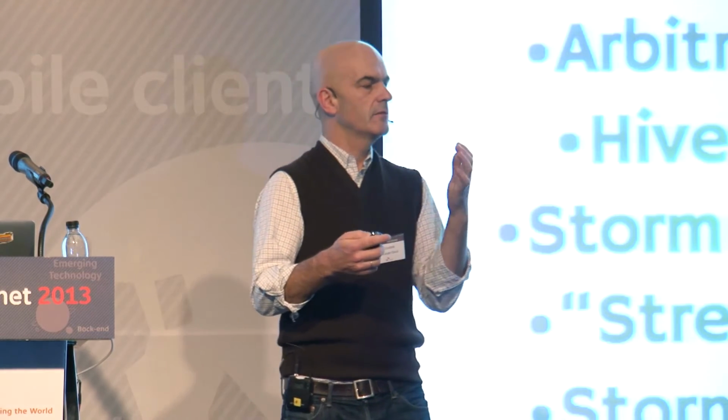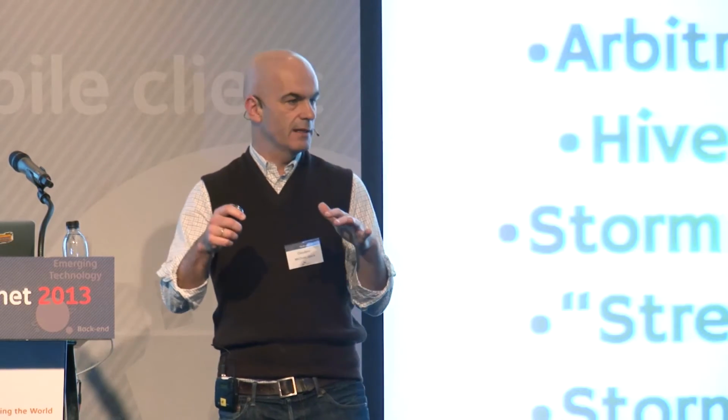There's the Tez initiative, where it takes care of doing directed acyclic graph processing for you. And then on top of this, they're building the Stinger effort, which is an attempt at speeding up Hive. All this is being built on top of YARN.